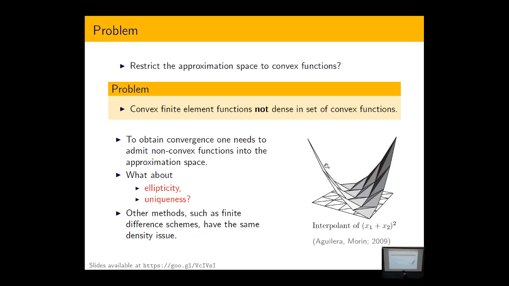Now, if you wanted to approach this problem really head-on, there are all kinds of issues arising. One of them comes from the fact that convexity is a much less nice property when you look at it on the discrete level. If you, for example, took all the convex finite element functions, they are not dense in the set of convex functions. So you have to think of some kind of discrete notion of convexity.